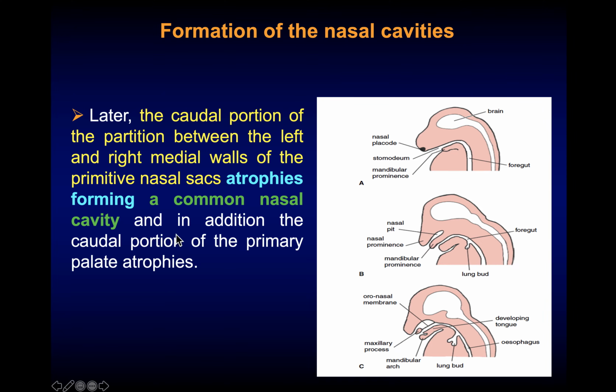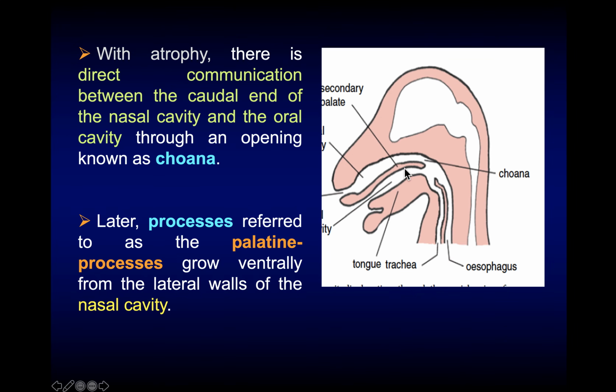And the second important thing is that the caudal portion of the primary palate will atrophy. So this area here again will undergo the atrophy. Here, we can see that this is the area of the nasal cavity, and we can see here that the right and the left nasal cavity will communicate with each other through the atrophy of the caudal portion of the nasal septum.